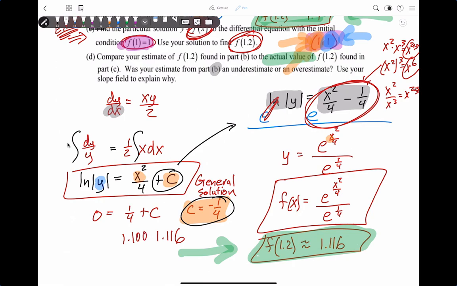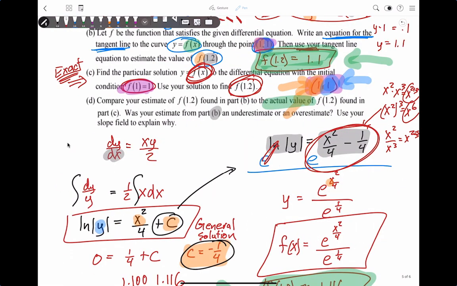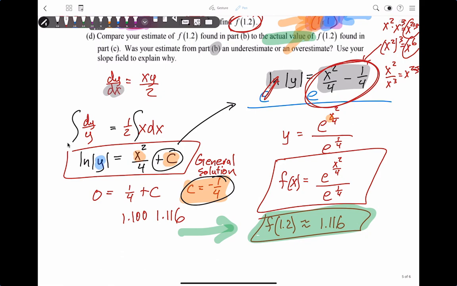So this one is going to be an overestimate because f of x was increasing... Okay, actually, I don't know why I keep saying overestimate. It's going to be an underestimate, okay? Because the exact was 1.116.